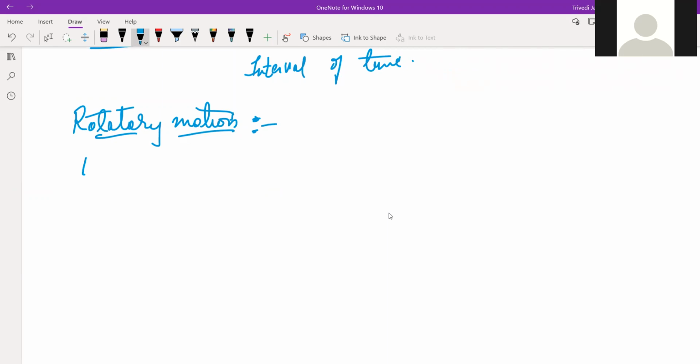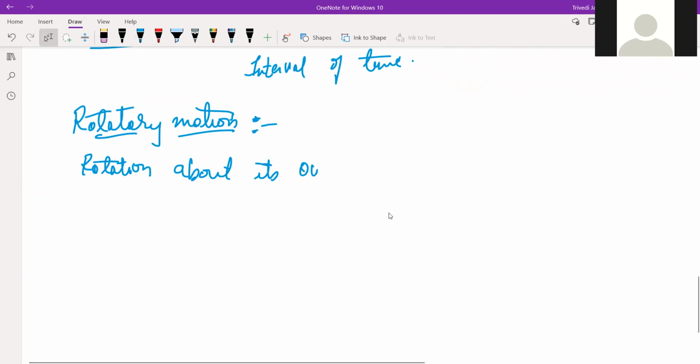Rotation about its own axis. So it rotates about its own axis.